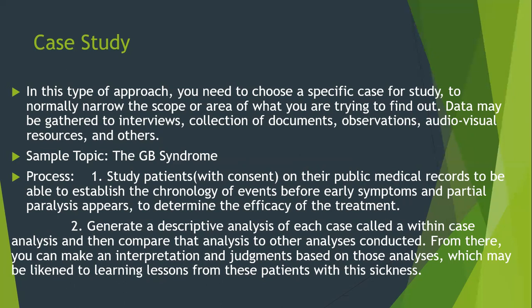Okay? You are going to study patients, of course, with consent on their public medical records to be able to establish the chronology of events before early symptoms and partial paralysis appears to determine the efficacy of the treatment. Istadihin mo siya kung paano nagsimula yung symptoms ng kanyang sakit.